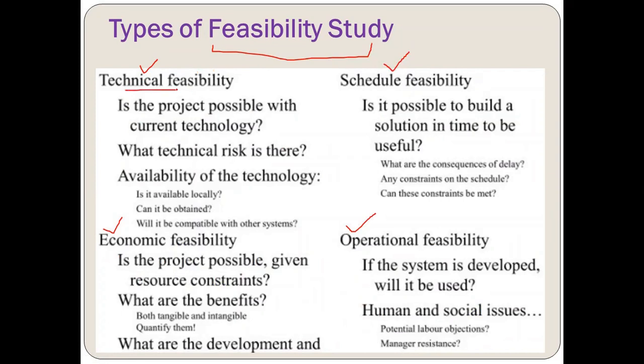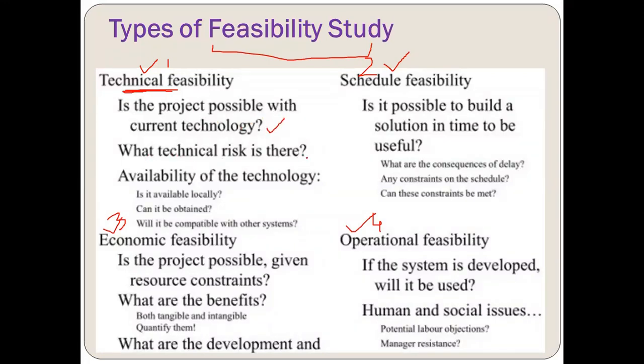So first is technical feasibility. Whenever we are going to study if a project is feasible to be undertaken or not, we are going to talk about these four terms: technical, schedule, economic, and fourth, operations. These are the certain questions which need to be answered, and according to which the final report is to be considered. In technical feasibility, we are going to see whether the project is possible with current technology or not.